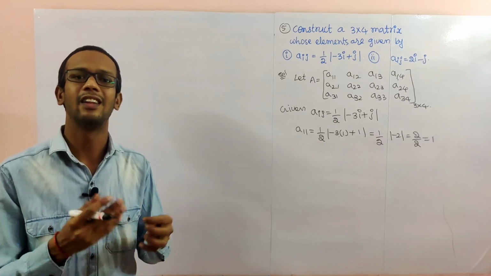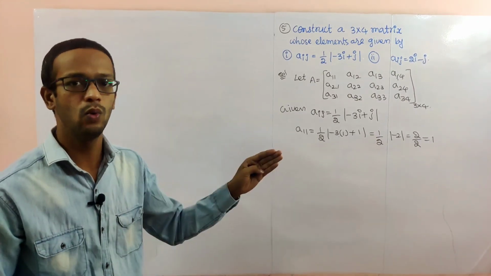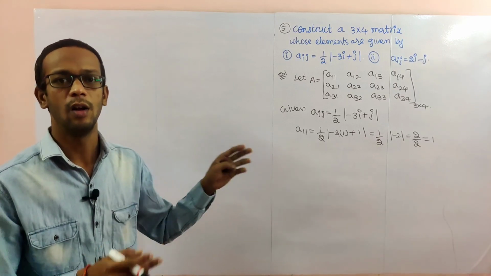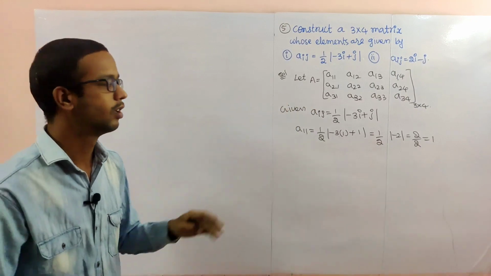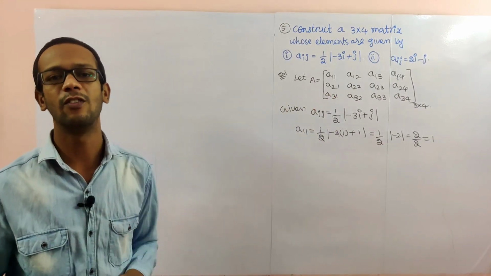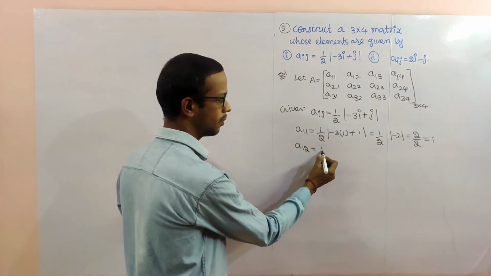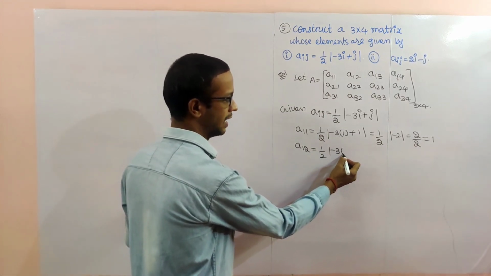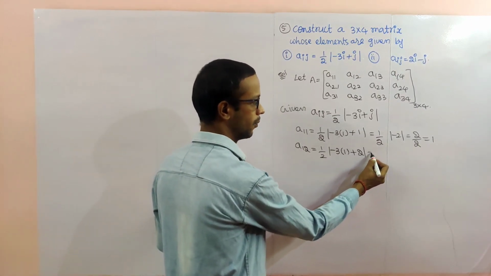The result of the modulus function is compulsorily positive. Mod of minus 2 is 2. 2 by 2 is 1. So A11, how much did we get? 1 we got.